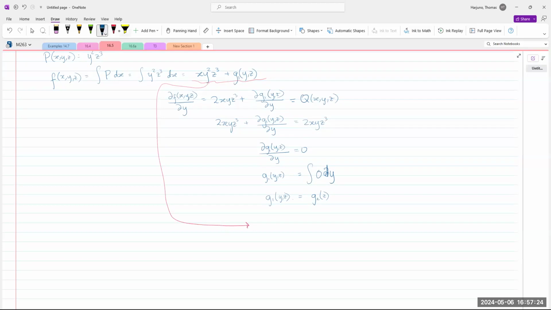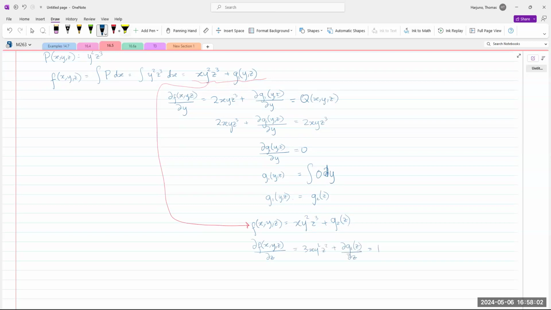In other words, if we look back here, our potential function f(x,y,z) is equal to x y squared z cubed plus g2(z). Now we take the partial derivative again of this function with respect to z. That will be 3xy squared z squared plus the partial of g2(z) with respect to z.